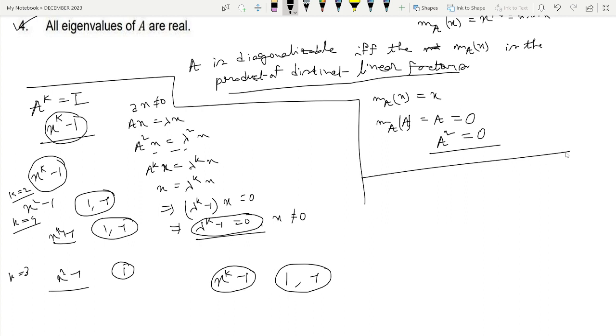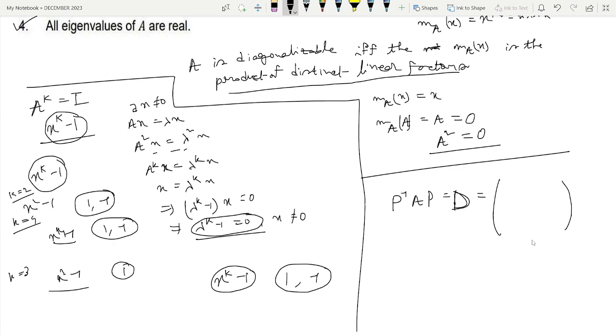So now as A is diagonalizable, we have some invertible matrix P such that P inverse AP is a diagonal matrix, say D, and that matrix will contain the eigenvalues in the diagonal positions, and all other positions are 0. So here the diagonal positions contain 1, minus 1, or only 1 or only minus 1.